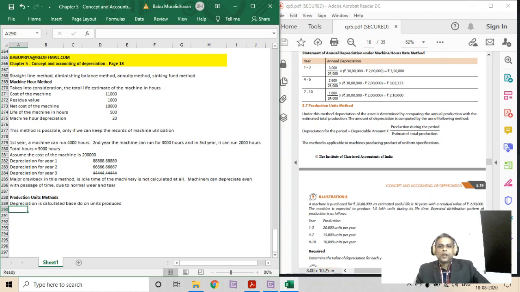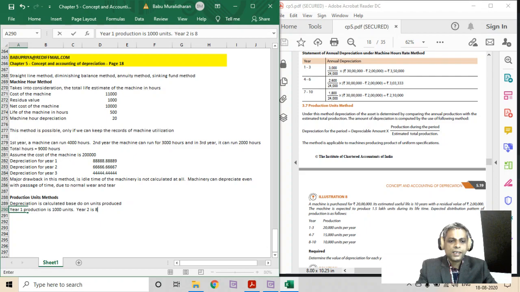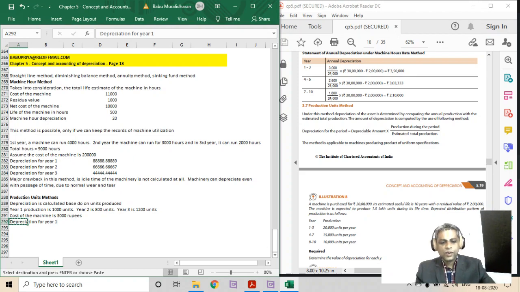See, for example, the unit production over the 3 years: year 1 production is 1,000 units, year 2 is 800 units, year 3 is 1,200 units, and the cost of the machine is 3,000 rupees. So let's calculate depreciation for year 1, 2, and 3.